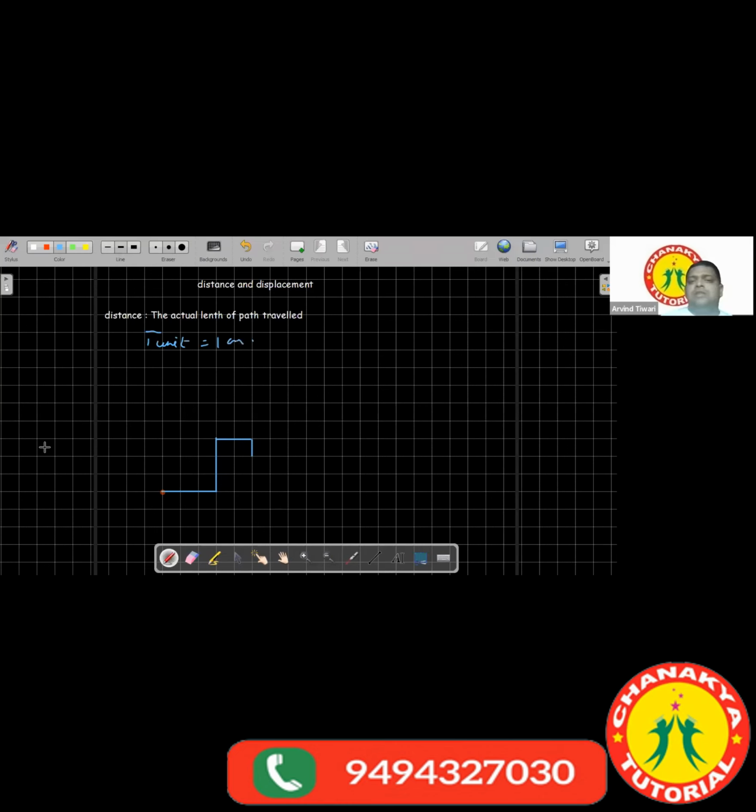So what is the distance traveled? Yes, Pranav, what would be the distance traveled? If someone starts from O, travels up to A as the path given, what will be the distance traveled? 8 centimeters or 9? 9, sir, 9.